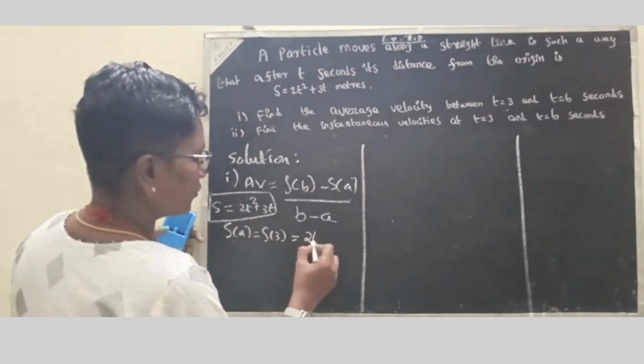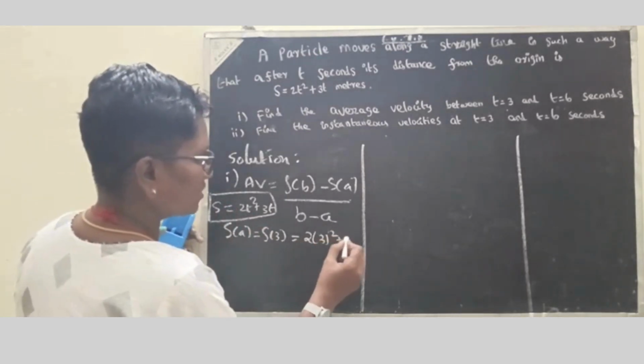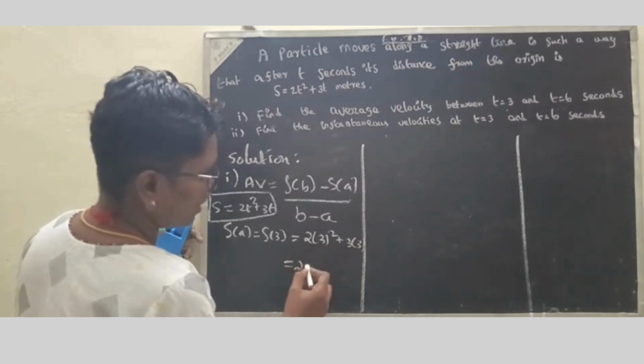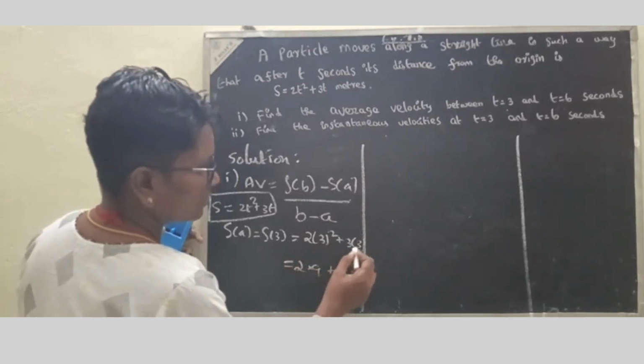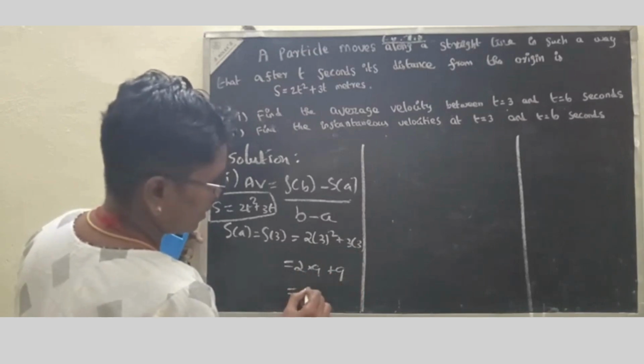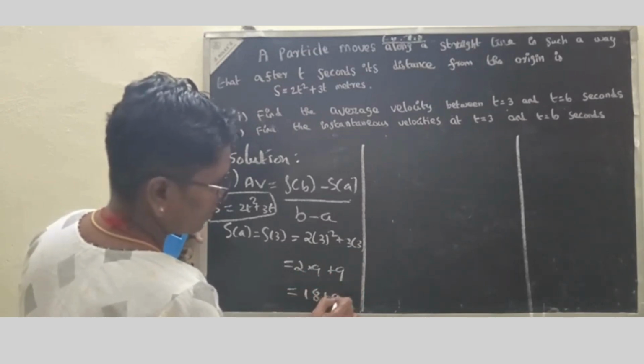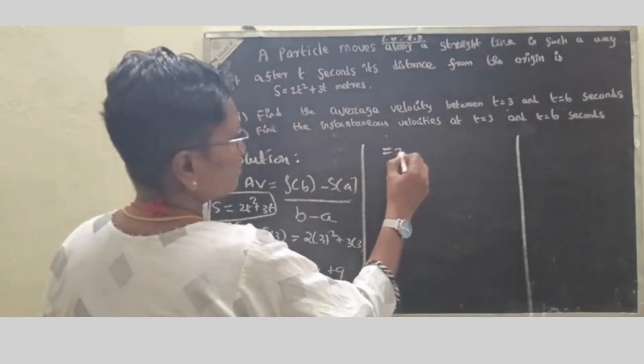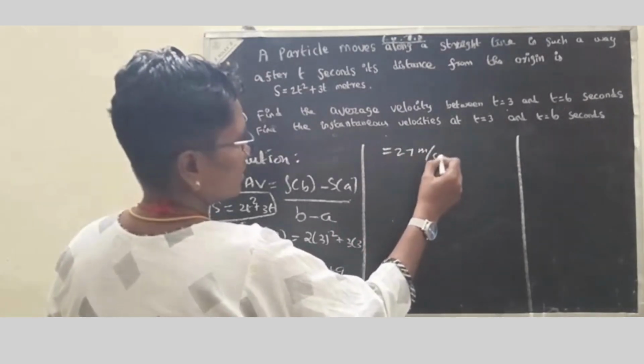So 2 × 3² + 3 × 3. 3 threes are 9, so 2 × 9 = 18, plus 3 threes are again 9. 18 + 9 equals 27. That is 27 meters.